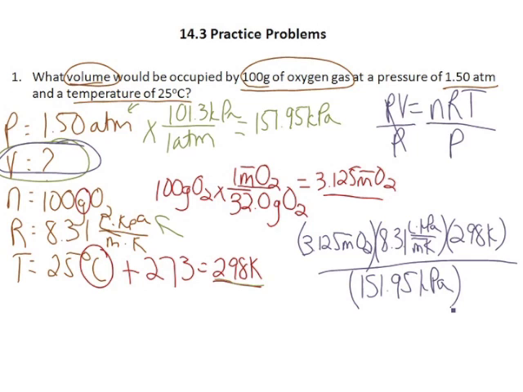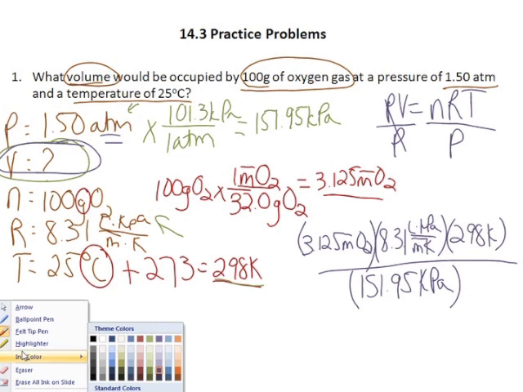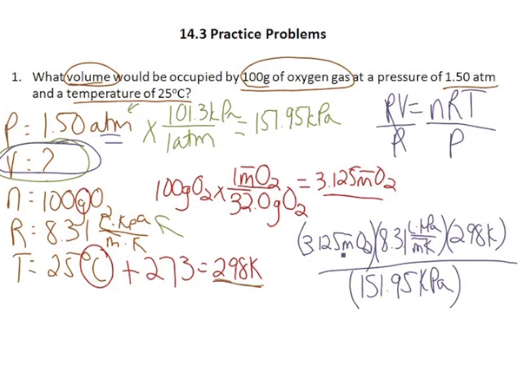And I gotta tell you guys that this is the second time of me recording this part because I got all the way to this point before and realized that I had not converted the atmospheres to kPa. So you will do something like that, and the only reason I noticed is because when I went to cancel out my units, my moles cancel, my kelvins cancel, and I came down here and I said, uh-oh, my atmospheres don't cancel.